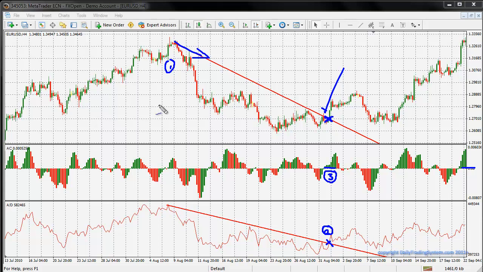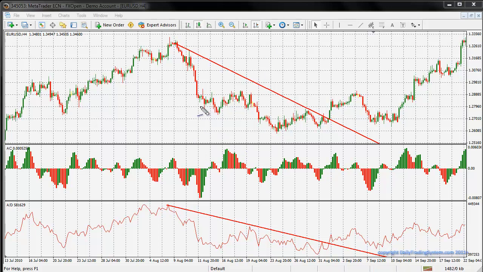Okay, so there we go, we've just found our signal. That's great. Let's go ahead and wipe that off, and you can see where we can place our stop loss and take profit values. Can you guess where we can put our stop loss and our take profit levels?